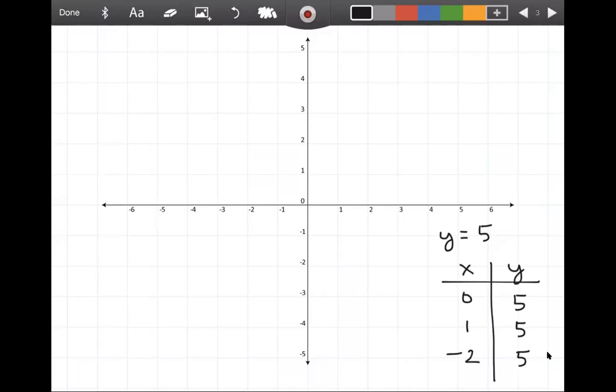All right, so if I plot those points, 0, 5, 1, 5, and -2, 5, you see what kind of line this is making. This is a horizontal line.